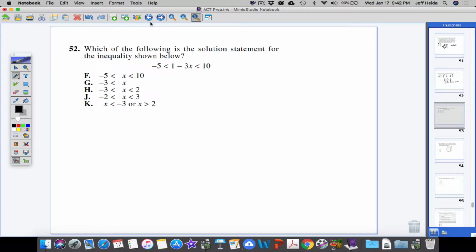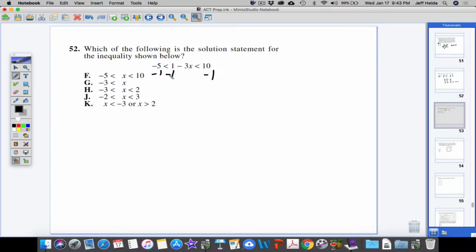Problem 52. Which of the following is a solution statement for the inequality shown below? Okay, so when you have a variable in the middle of a double inequality like this, you just solve the whole thing all the way down. As it's written right here, the first thing we're going to do is subtract 1.